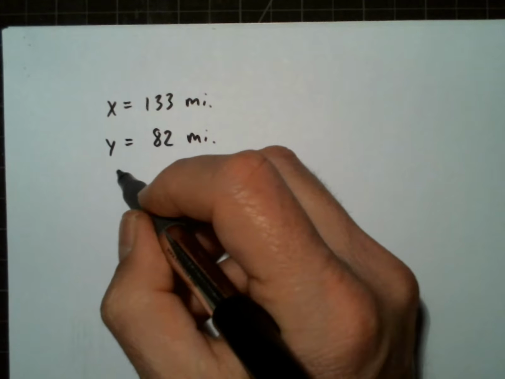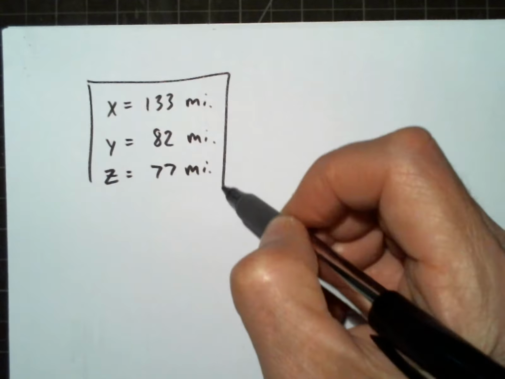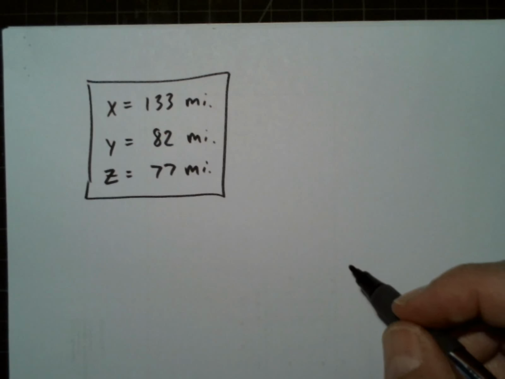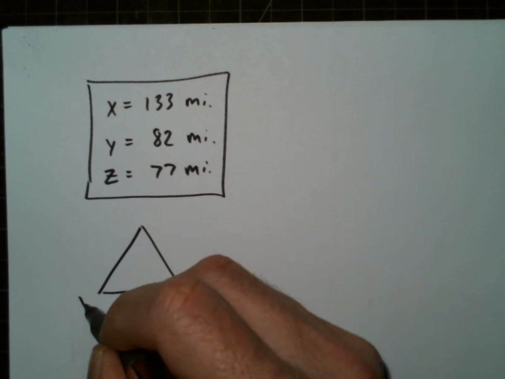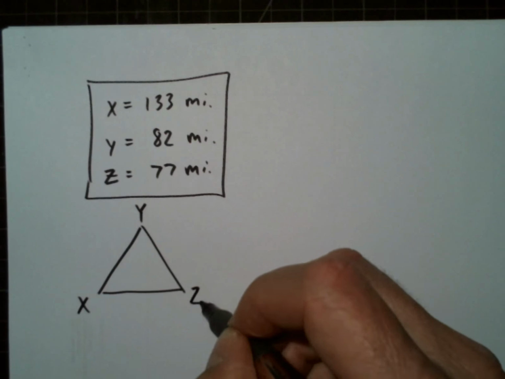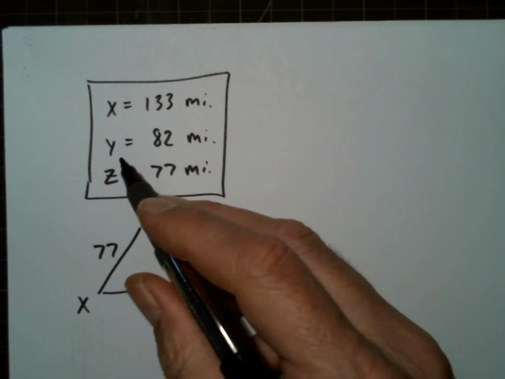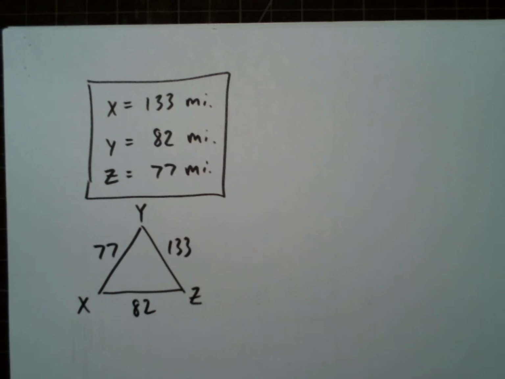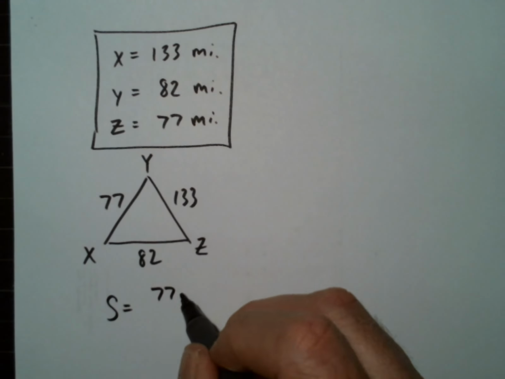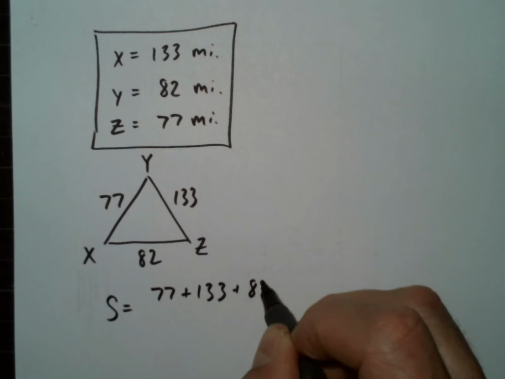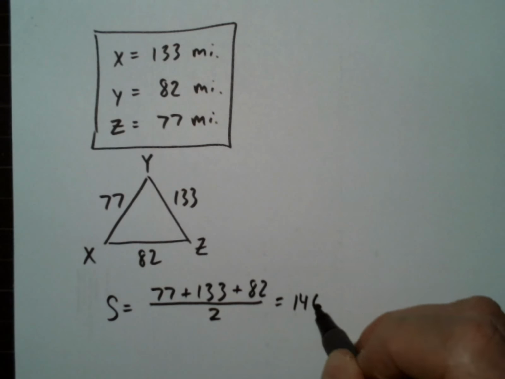Here we have miles. G is 77 miles. So you use Heron's formula to find the area of this triangle. The semi-perimeter is half of the perimeter, and we get 146.